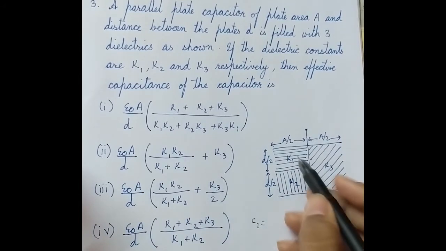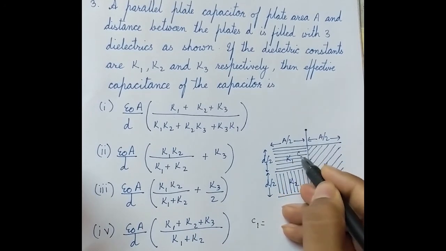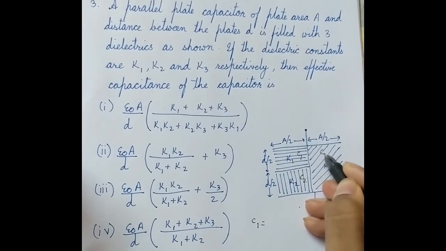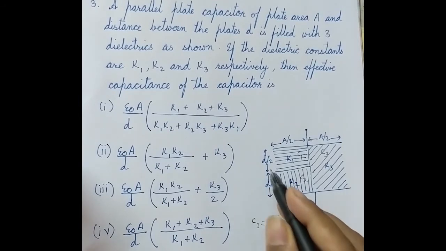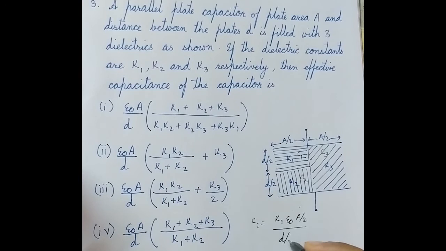So let's call this capacitance C1, this C2, and this C3. C1 is equal to K1 epsilon naught, the area is A by 2, divided by the distance, which is D by 2.